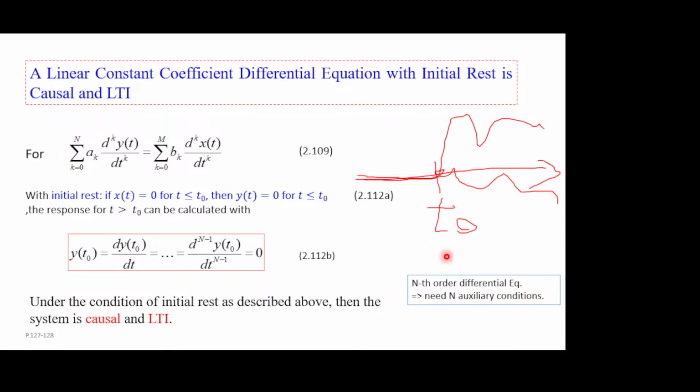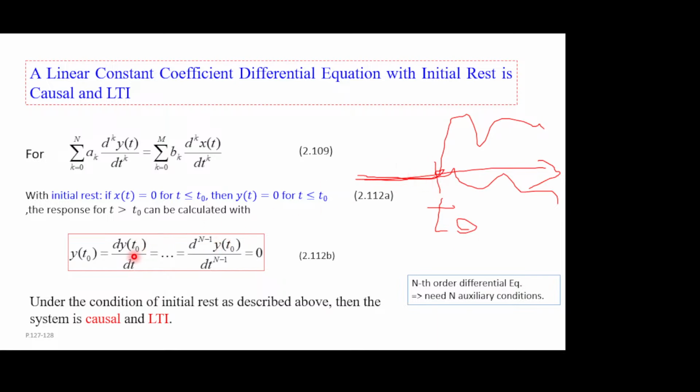And the auxiliary conditions we consider here are those initial rest conditions. So for a differential equation, that means our y of t will be 0 until your x of t starts being non-zero. And that point where we start having an input signal, we call it t naught.